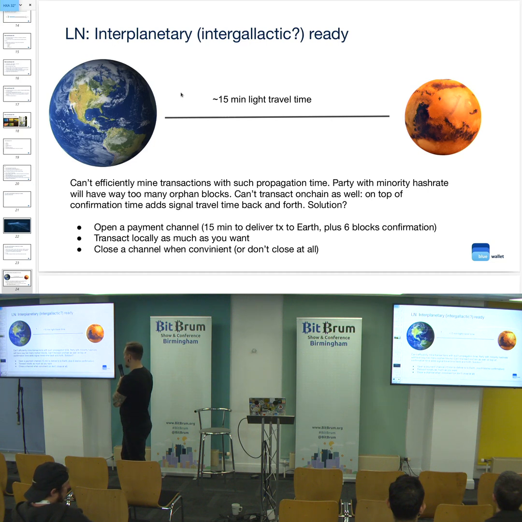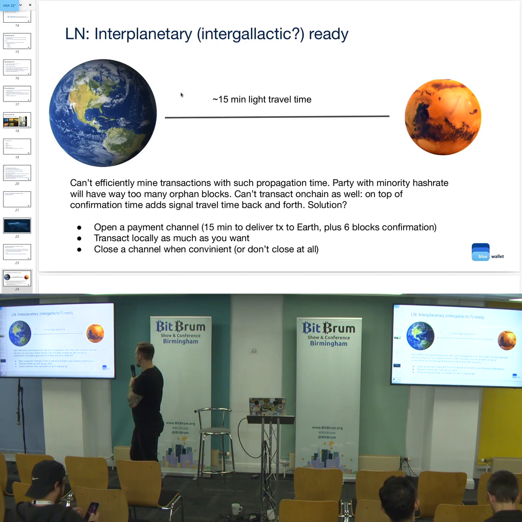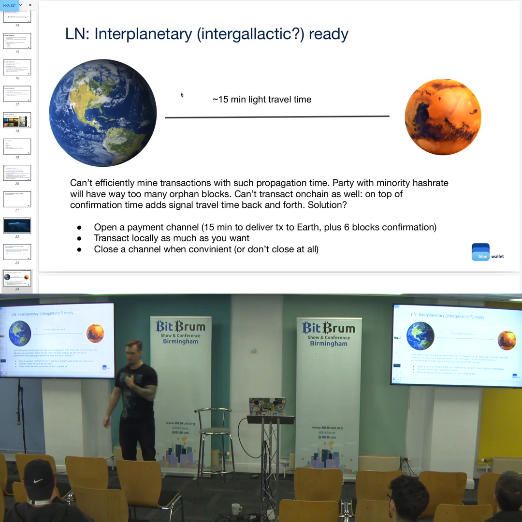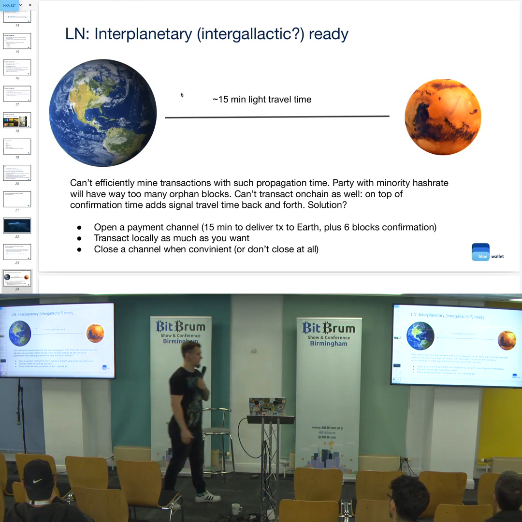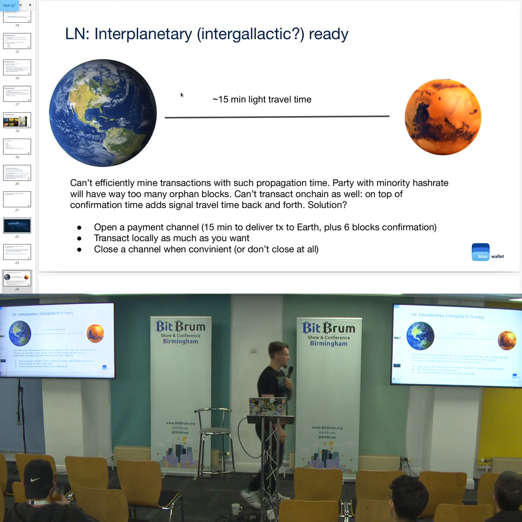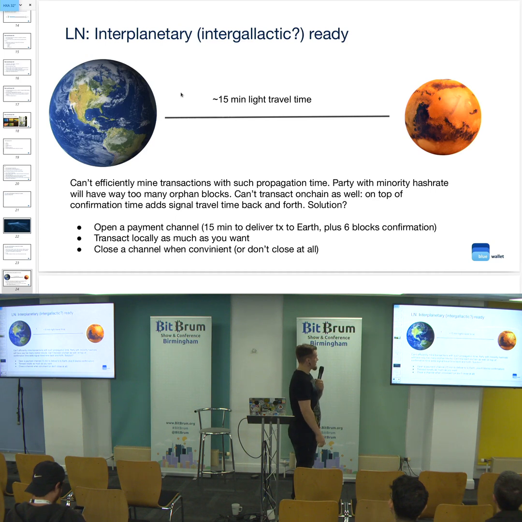So sending transactions to Earth is not convenient. Mining on Mars is also not convenient because it will effectively be a chain split. While you're mining a block on Mars, someone releases a new block on Earth, and you've just mined an invalid block. This means an orphan block. So mining in this situation is not viable.